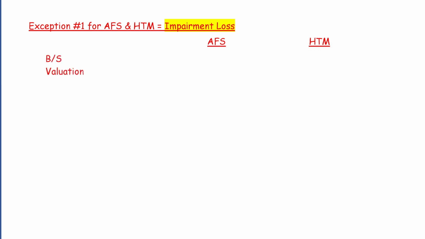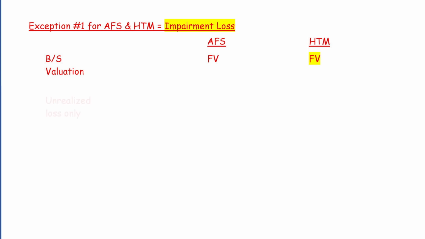For AFS, we know it's fair value. But for held to maturity debt securities, which are otherwise recorded at amortized cost on the balance sheet, if there is an impairment loss, we need to bring them down to the new fair value and highlight it.